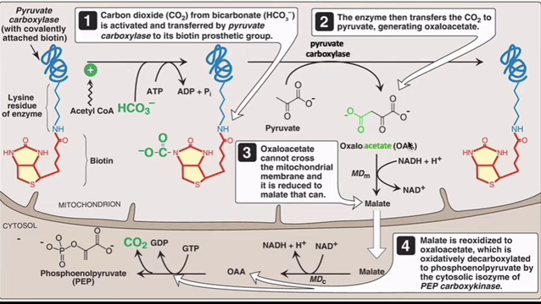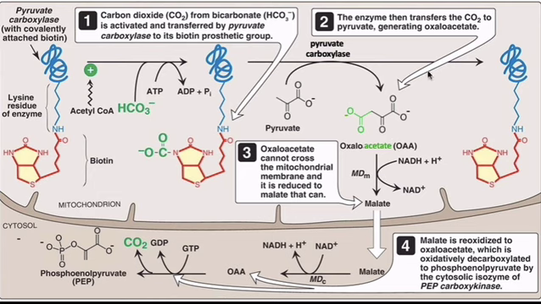Regardless, oxaloacetate then can be reduced to malate. You can tell it's a reduction because you have NADH being converted to NAD+. So this is named for the reverse reaction, malate dehydrogenase, so that the malate can be exported, and then the malate can be oxidized again right back to oxaloacetate.